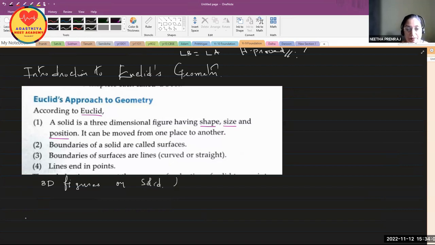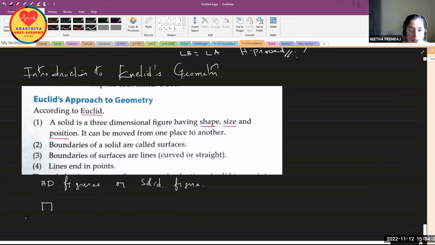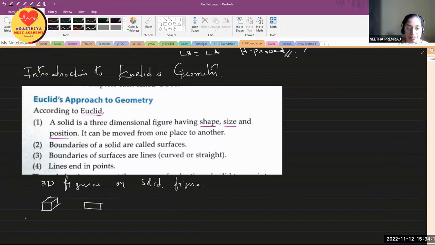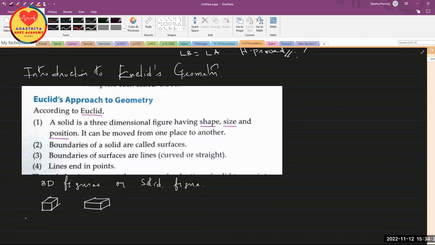Okay, I'll give some standard solid figures. What is a cube? You can see all sides are equal. The cube is a solid figure. What is a cuboid? Opposite sides are equal, like a shoe box.